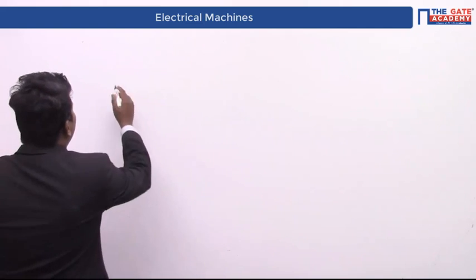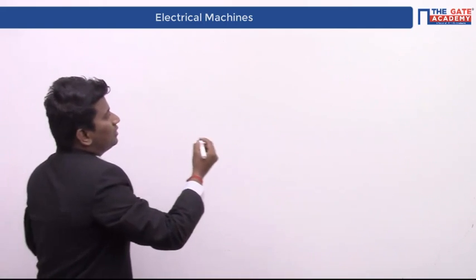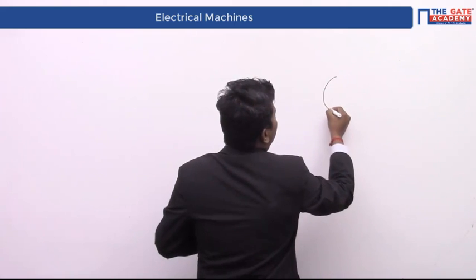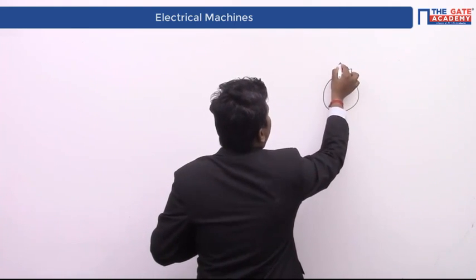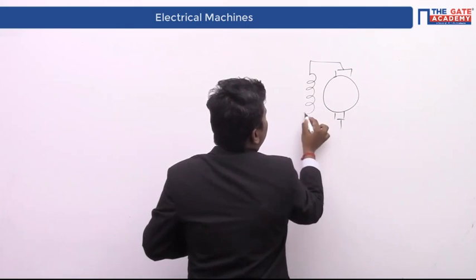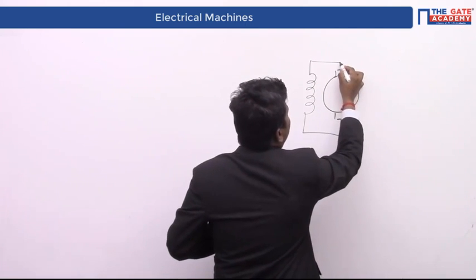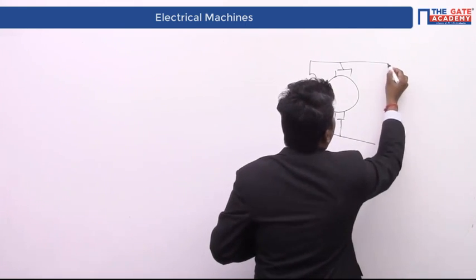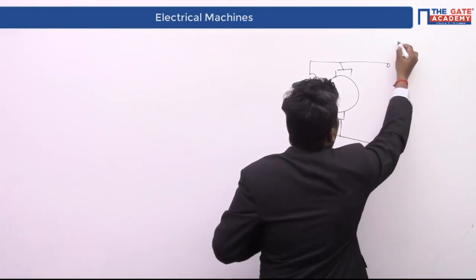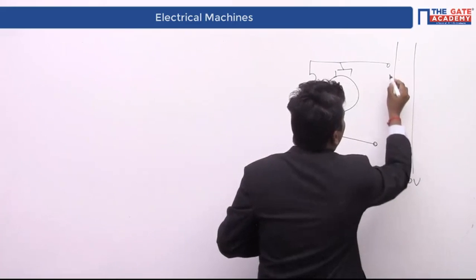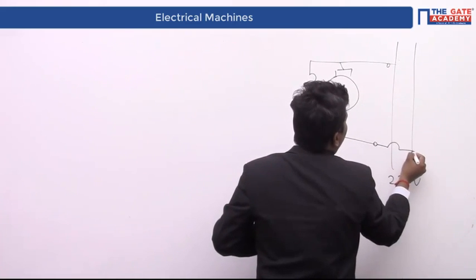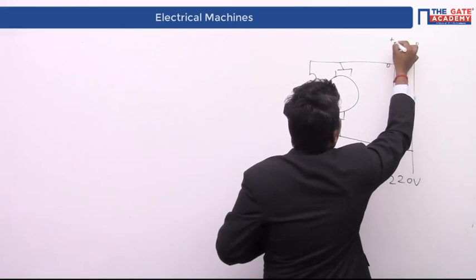They have given that your DC machine, this is your armature system, this is your shunt field winding. This machine is connected to a 220 volts DC grid, a 220 volts DC bus bar. This is plus and minus.